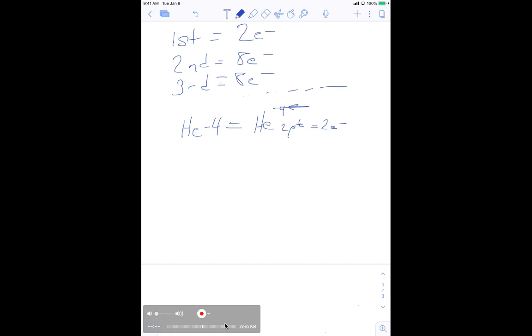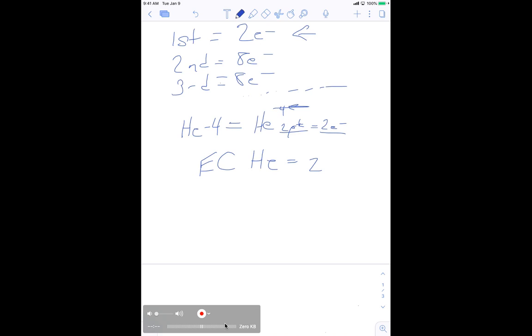So the electron configuration for helium: it has 2 protons, which means it has 2 electrons. How many can fit in the first shell? 2 people can fit in that first shell, so there's nobody left. The answer is just 2.